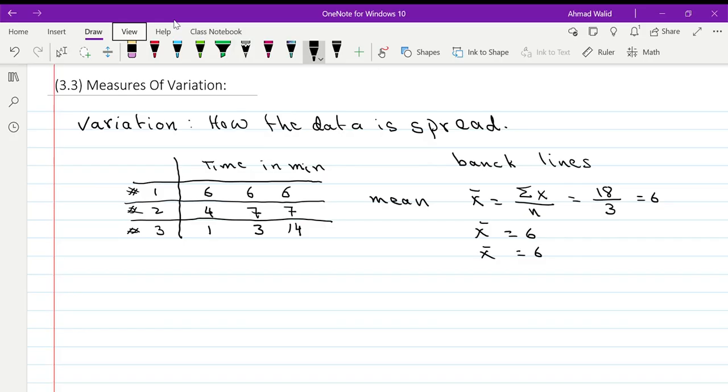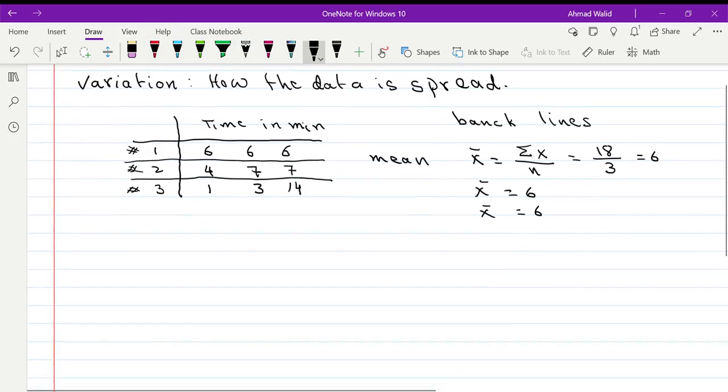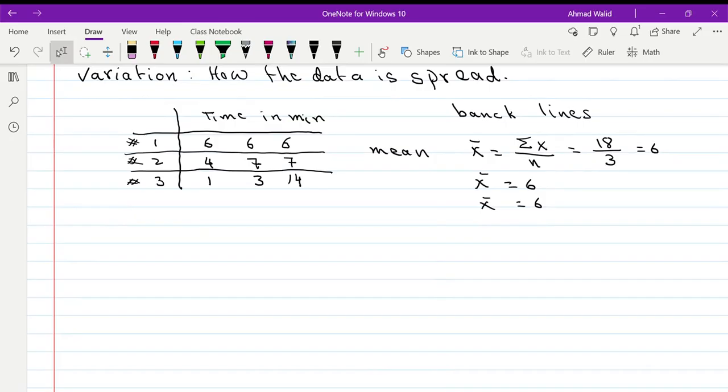But here I can say there should be another way to describe your data, which we call variation. Now there are ways to measure variation. Which ways?